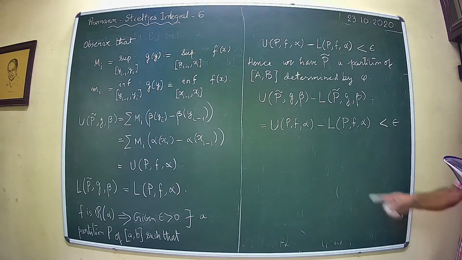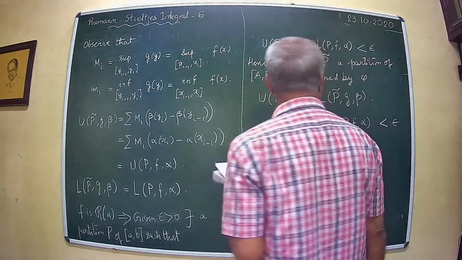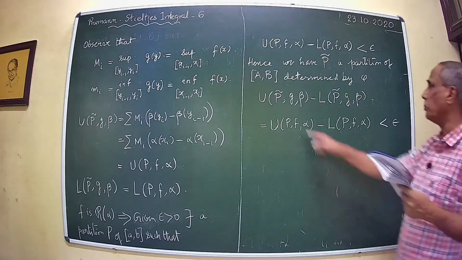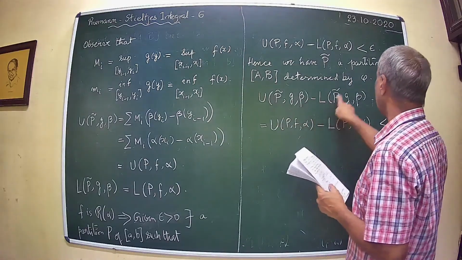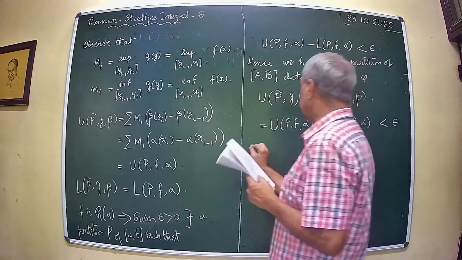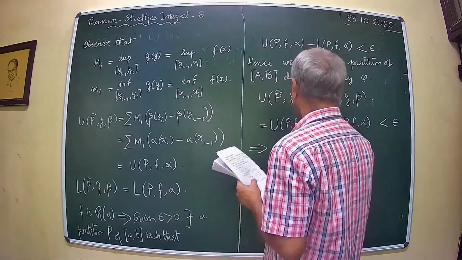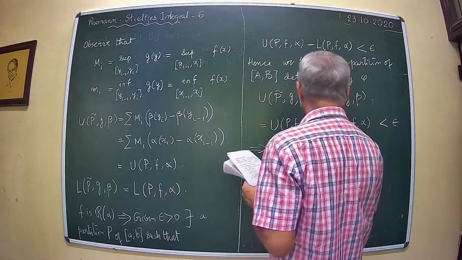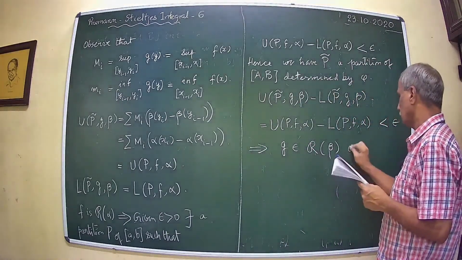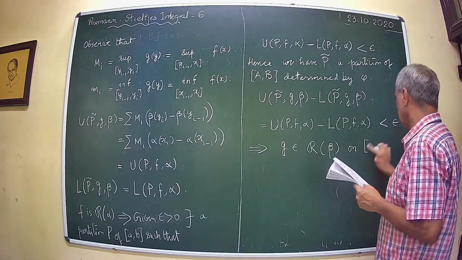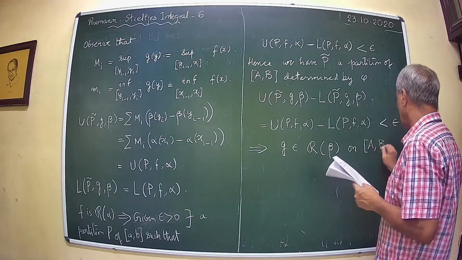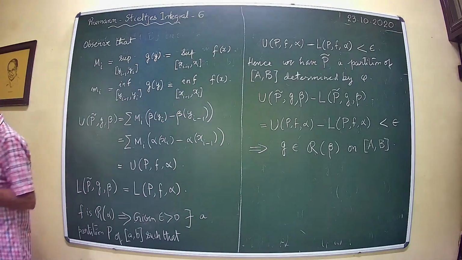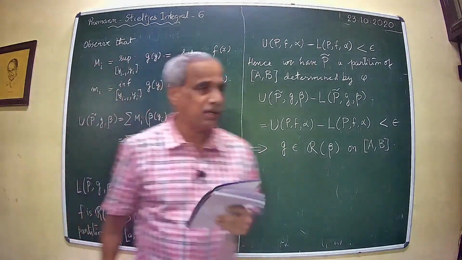Therefore, for the given epsilon positive, there exists a partition P tilde such that U(P tilde, G, beta) minus L(P tilde, G, beta) is less than epsilon, which implies G belongs to R on AB. So that's the result that you get. So we have proved that G belongs to R.